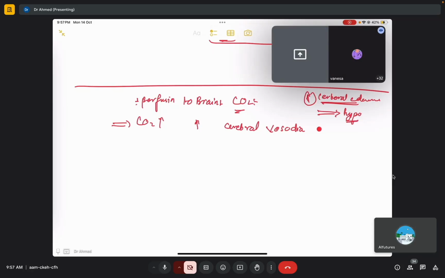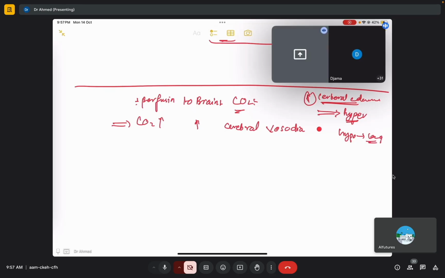I think if there's edema, we need to, like, carbon dioxide dictates the vasodilation of the cerebrum. Okay, so for those who are saying hypoventilation, let's interpret what's happening. If I am hypoventilating, I am retaining more carbon dioxide inside my blood.